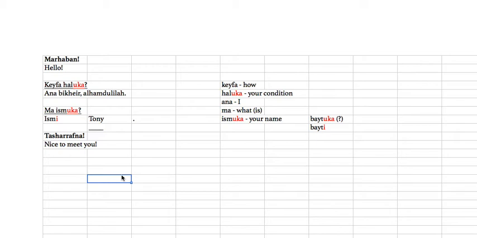Hopefully you'll have someone who is down to let you practice, who knows you're learning, with no expectations. They're just good practice partners you can try this out with. So try it. Tell someone marhaban, kaifa haluka, ma ismuka. Try it out. See how it goes. It'll go well.